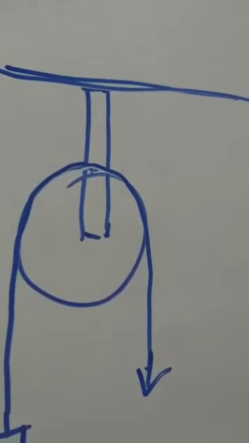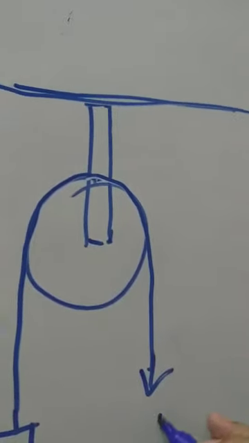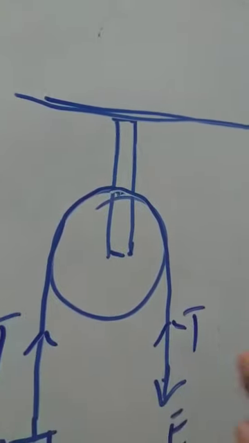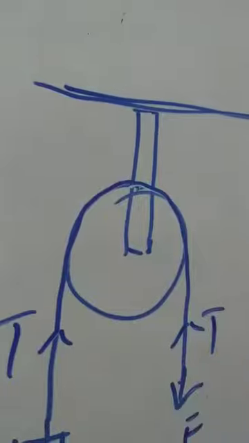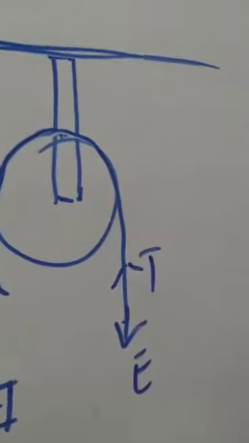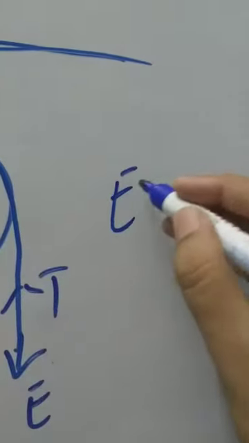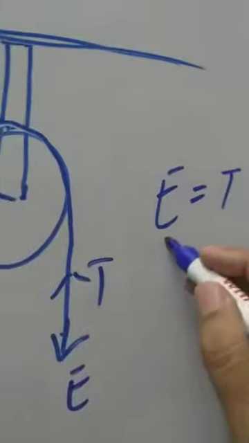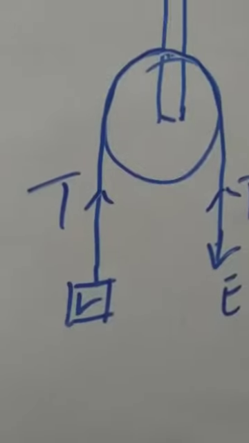The tension in the string will get distributed in the two strings. Since the same string is passed, the tension will remain the same, so T and T we write. So here the effort which we apply is equal to T, and the load is also equal to T, balanced by the same tension.